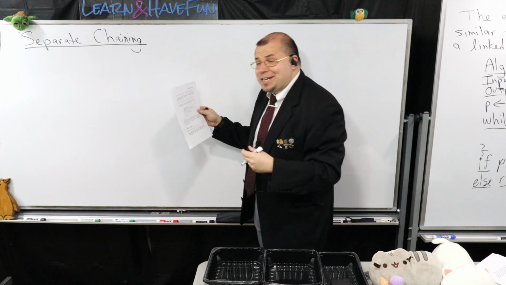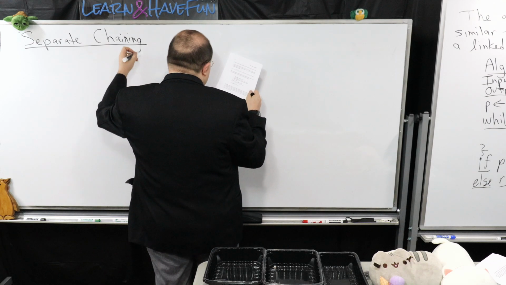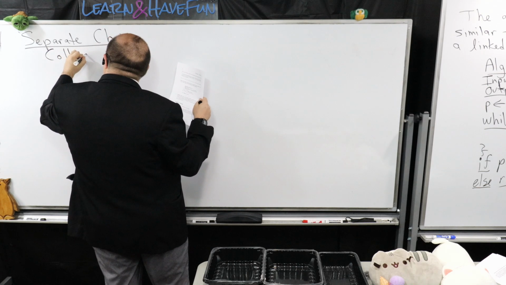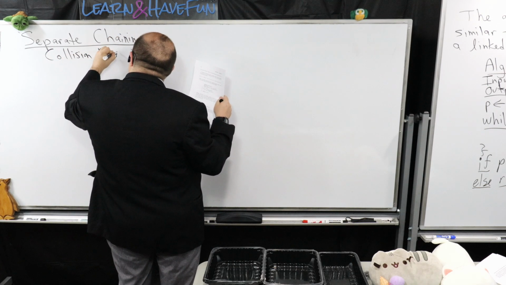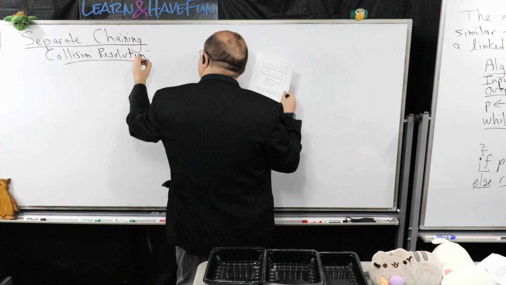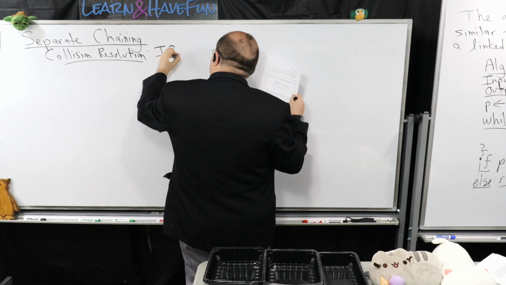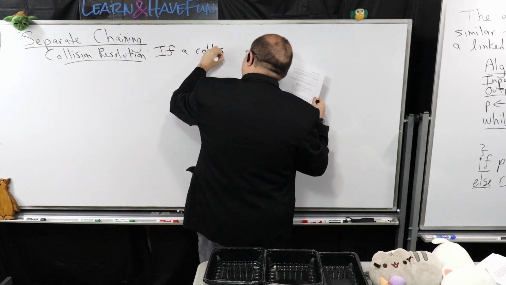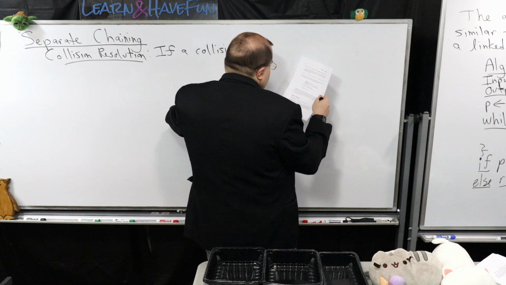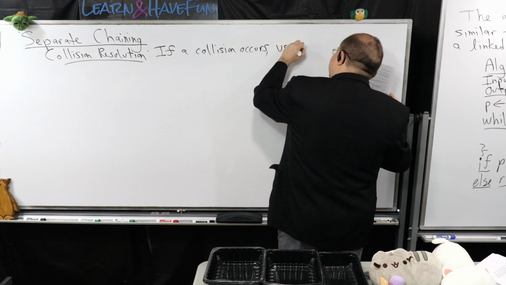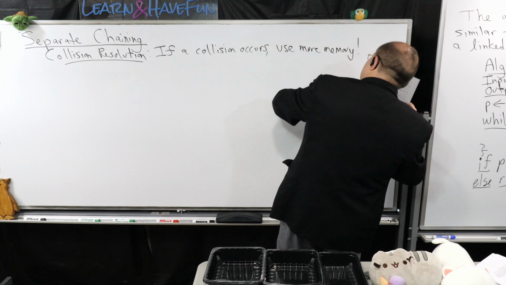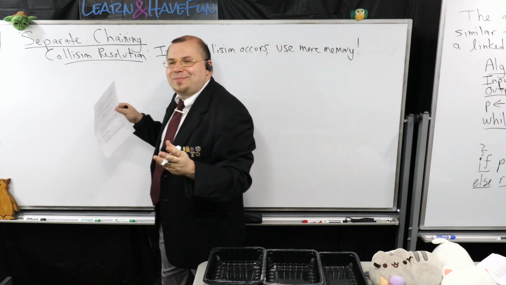The idea of separate chaining is fairly simple. Here's what the collision resolution is. If ever I have a collision, the idea is as follows. If a collision occurs, use more memory. That's really the basics of the idea.